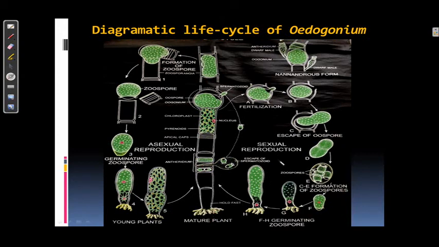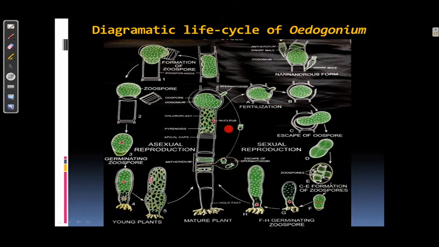And the third and the last one is sexual reproduction, where fusion of the 2 gametes, that is antherozoid and oogonium, occurs. That forms oospore, and this oospore then undergoes meiotic division to form meiozoospores, which then germinate to form the mature plant.